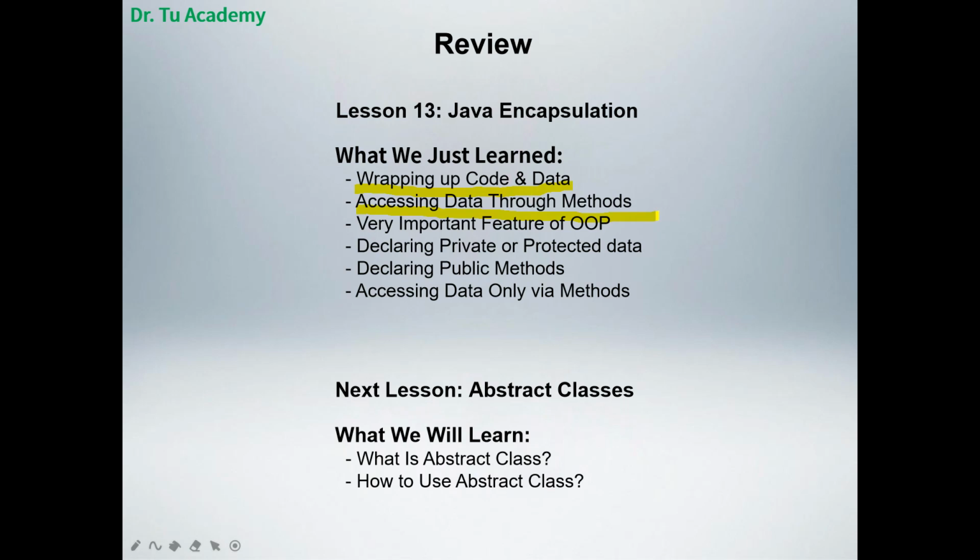We access data member variables through class methods. And the data encapsulation is a very important feature of OO programming. We declare data as private or protected, and declare the method as public, so we can access data only through methods.